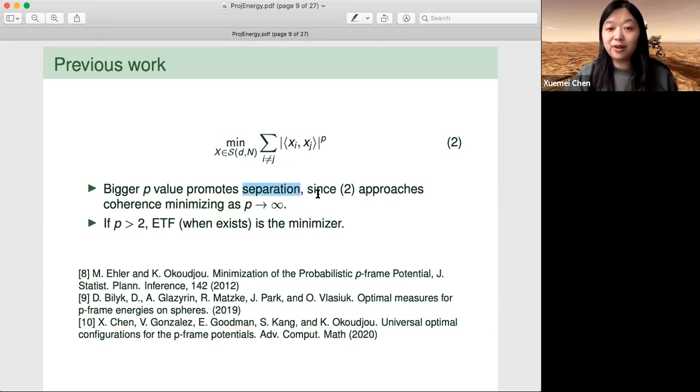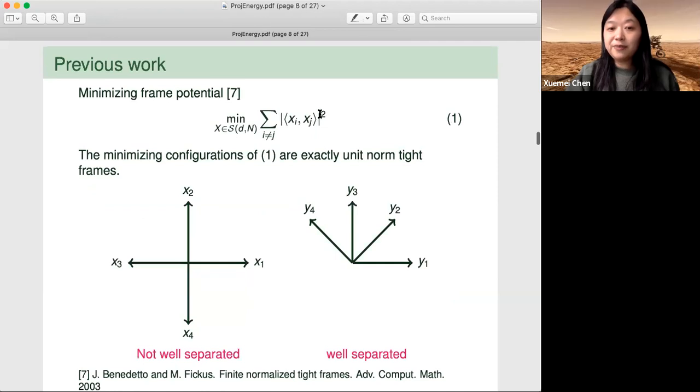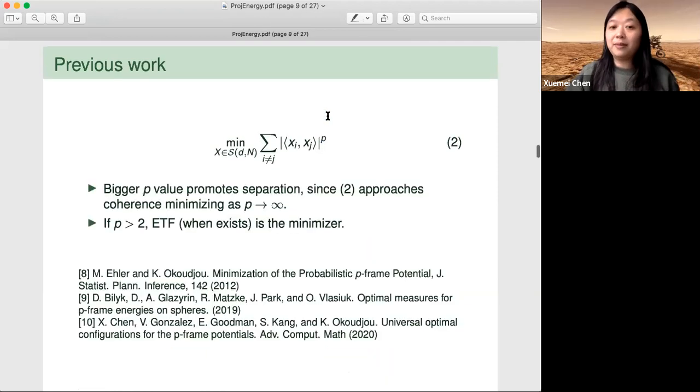So if p equals 2, it didn't work, but if you pick a higher p-value, it should work better. Actually, I haven't tried it numerically, just minimizing this p-frame potential and seeing what kind of property it will have in terms of well-separation and tightness. I totally should have done that in my work.